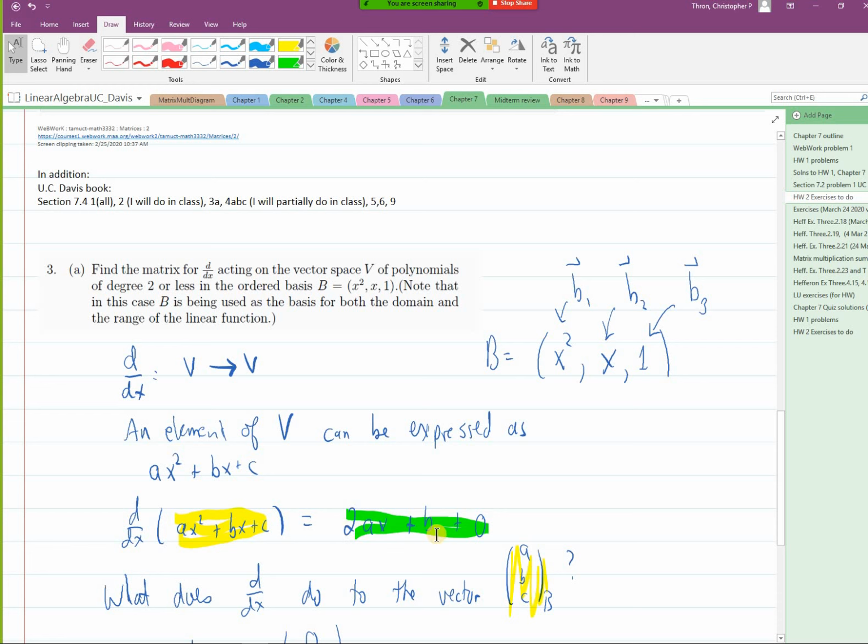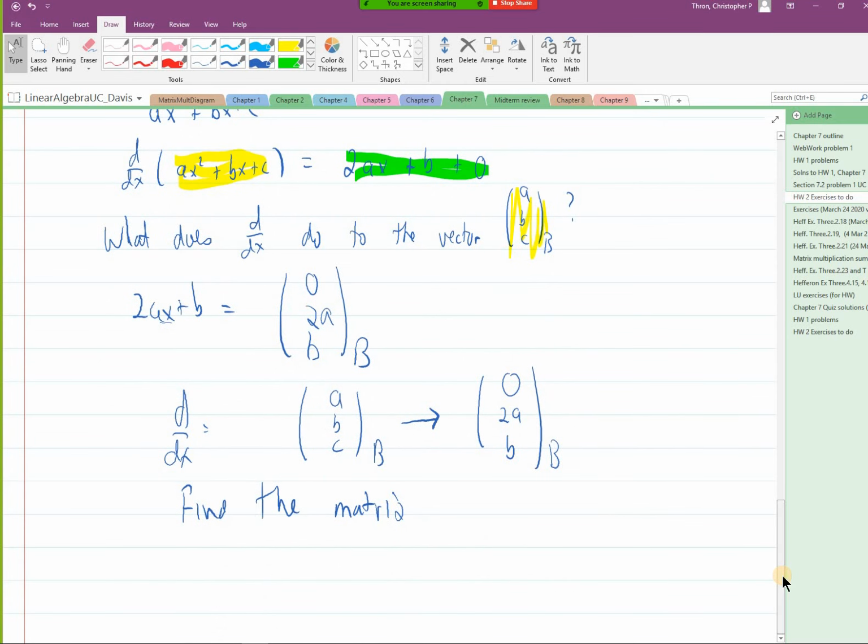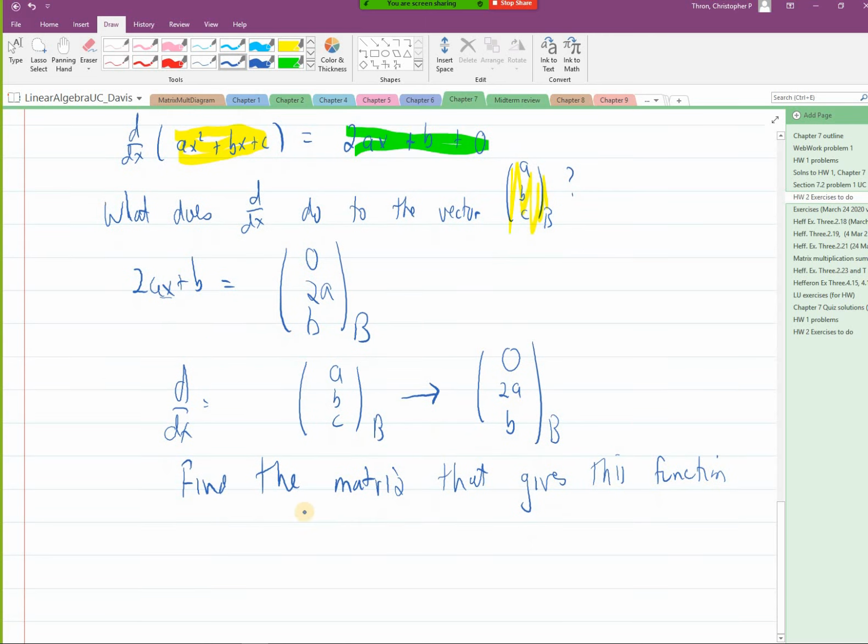This is what comes out. So we know because it's a linear function, there's going to be a matrix that gives this function. And what that means is there should be a matrix. Fill in the matrix.